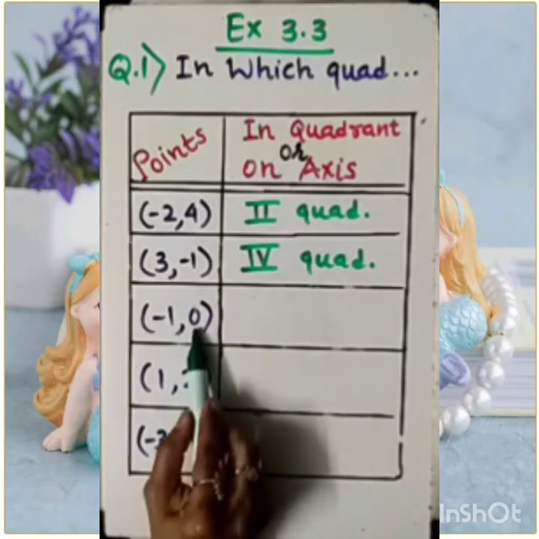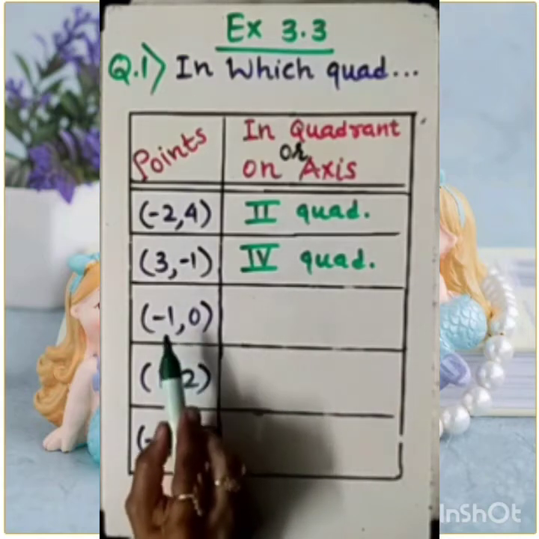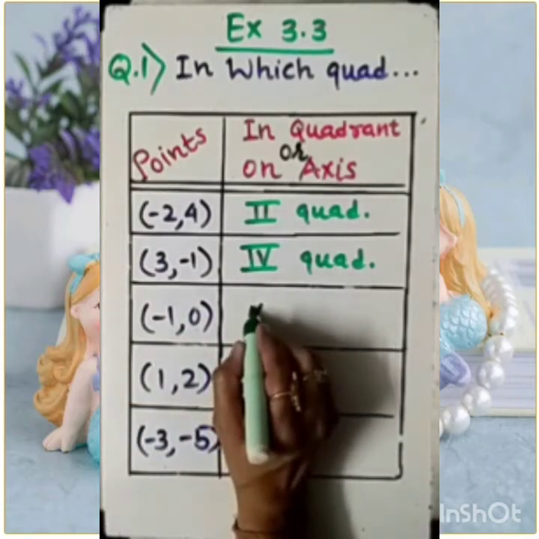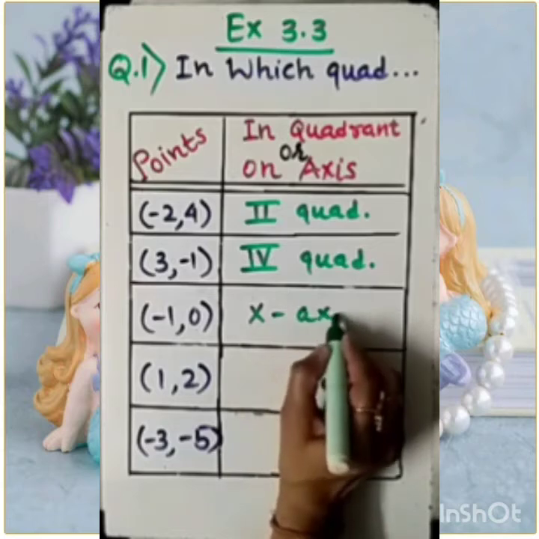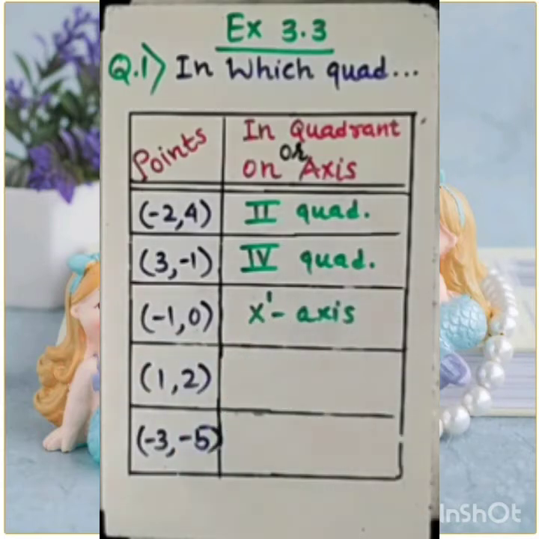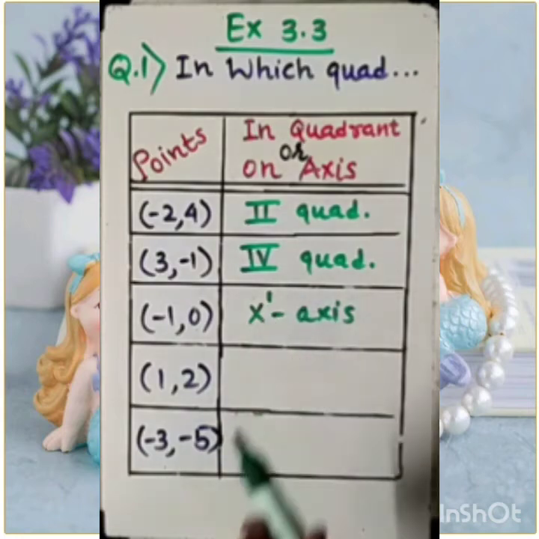As the y coordinate is 0, the point (-1, 0) will lie on the x-axis. But as it is minus, for better clarification we can mention that it lies on the x dash axis, because we know that x dash axis itself indicates the negative axis.